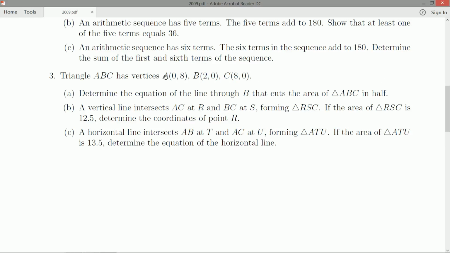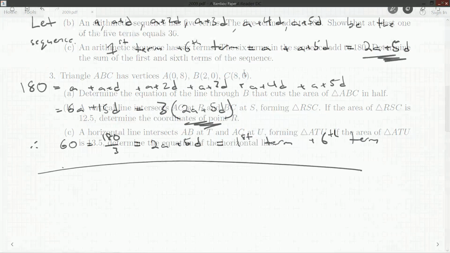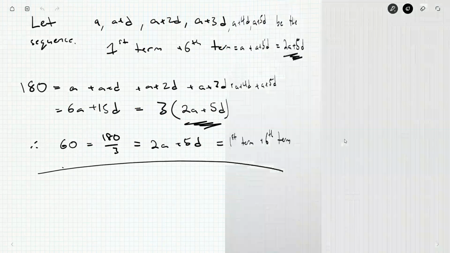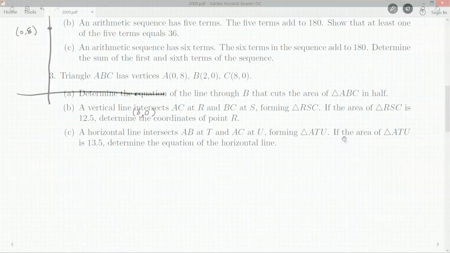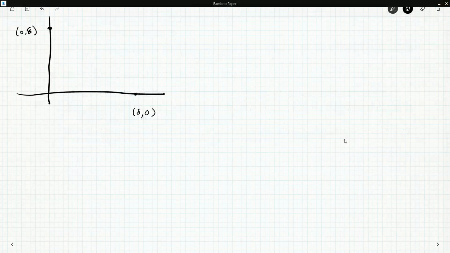Okay, well let's graph these points and see if we can get a sense of where this question's going. What we might expect from C. These all lie in the first quadrant. We had 0, 8, 8, 0, and 2, 0 was the other one.